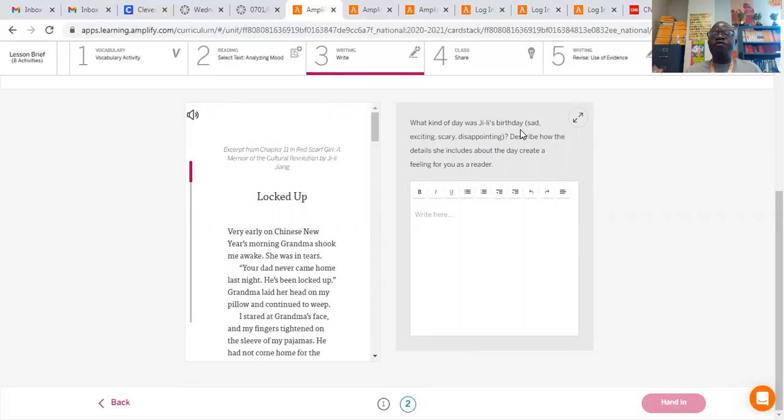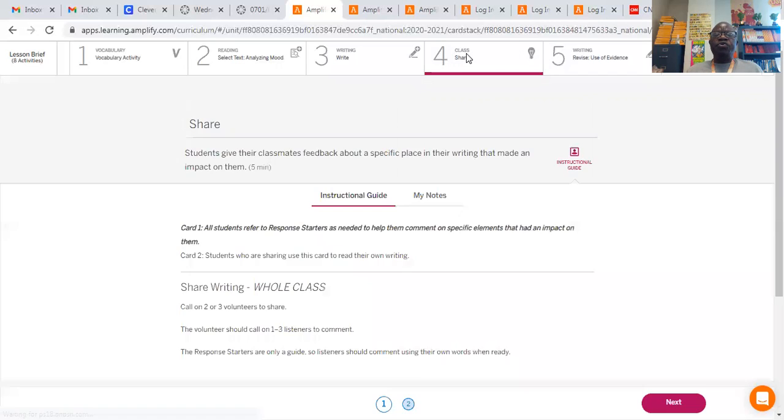Sad, exciting, scary, disappointing? Describe how the details she includes about the day create a feeling for you as a reader. That is, you write it here, and then you click hand in for me to be able to see the assignment done. Okay, we continue to the next point.